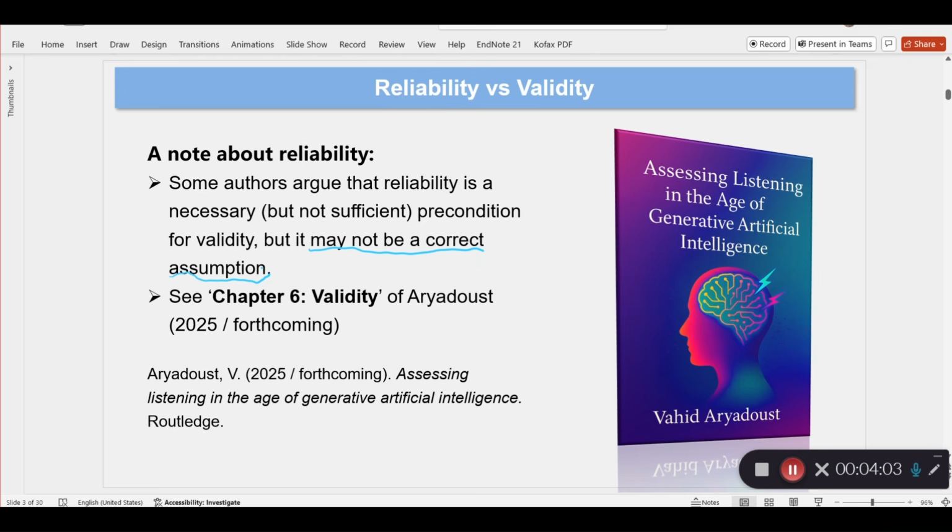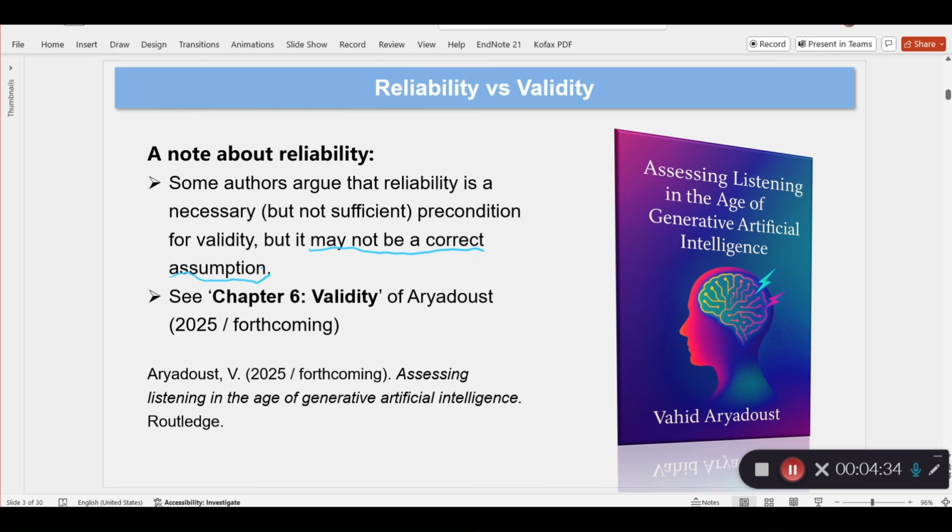In other words, you may have evidence for the validity of your instrument, or as they put it in language assessment, the validity of interpretations and uses of your instrument and the consequences. However, the reliability of the test scores that you have collected using your instrument may be pretty low. Now, this is a little bit of a dilemma, and I understand that there are different schools of thought on this, and I'm not claiming that my school of thought is the only and the best one in the world.